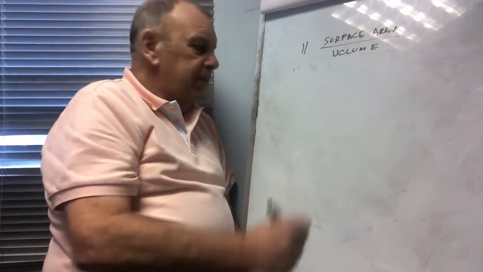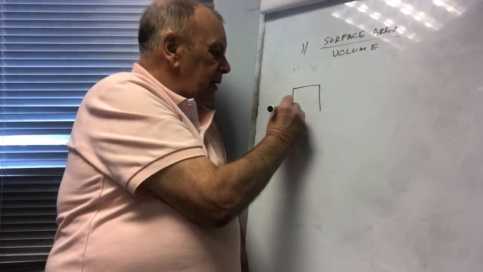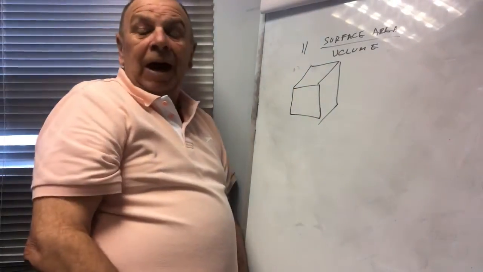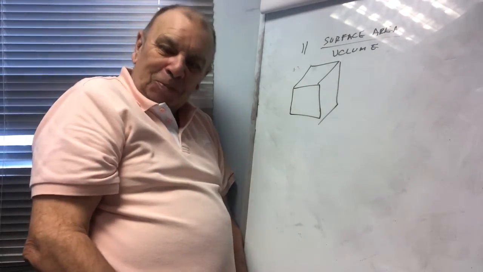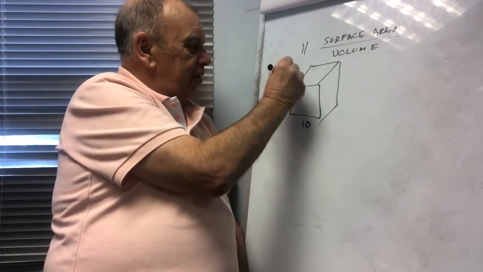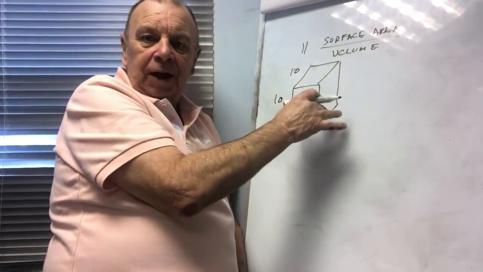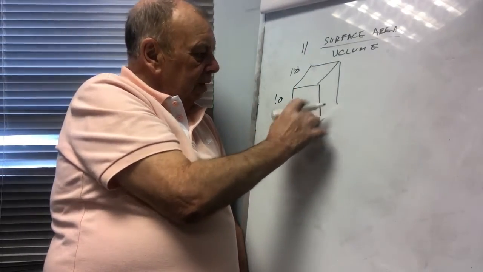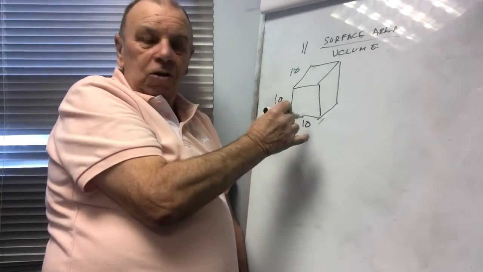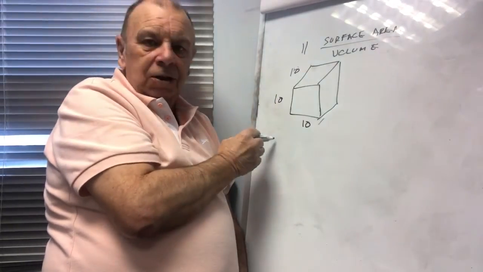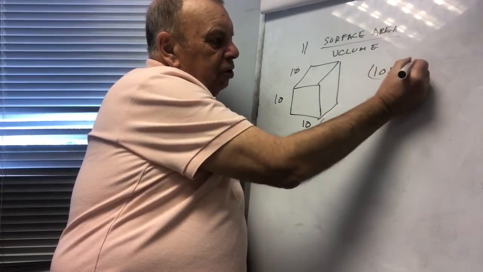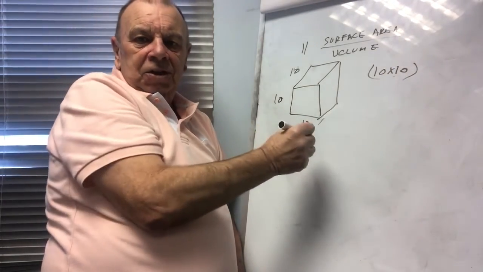Let's take a reactant and suppose I say this is 10 units by 10 units by 10 units, length, breadth and depth. Let's calculate its surface area. It's a cube, it's got 6 sides, each side is 10 by 10 units and there's 6 of them.